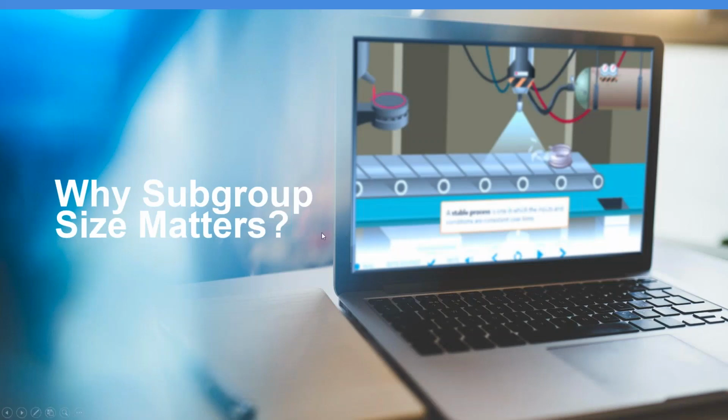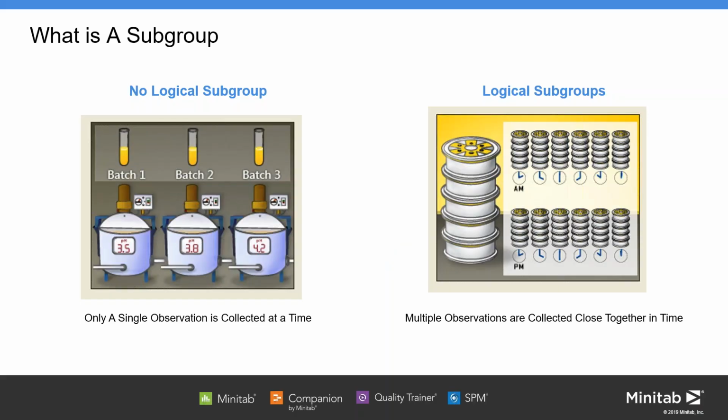This brings me on to why subgroup matters. In the example as I've plotted it so far, I've treated each individual measurement as an individual subgroup. But is this the right thing to do with complete data? Before I come on to looking at my analysis and trying different subgroups, I just thought it was important to recap what a subgroup is.